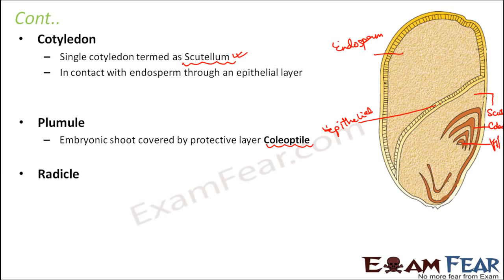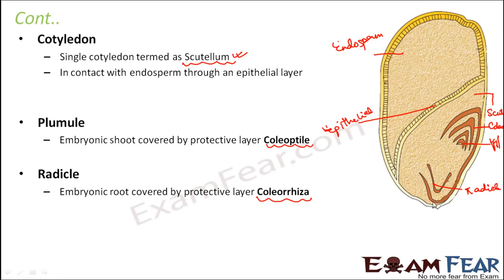Similarly, you have a radicle, and it is also covered by a protective layer called coleorhiza. This is the radicle, and this is the protective layer of the radicle called coleorhiza.